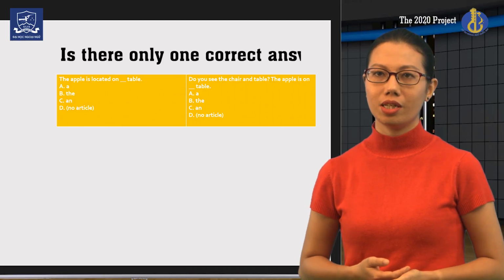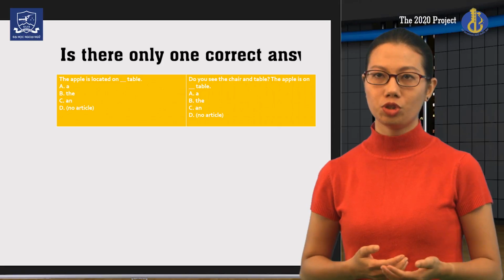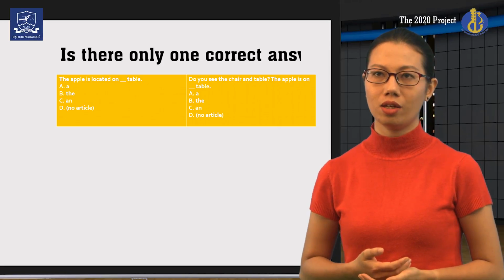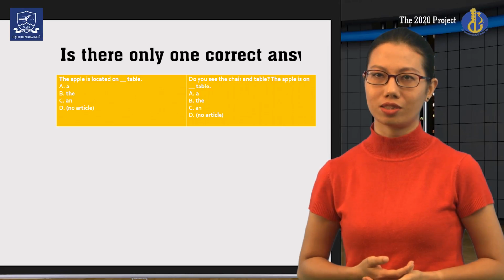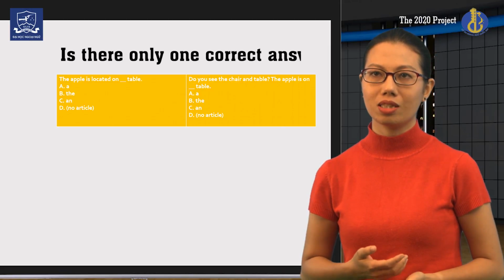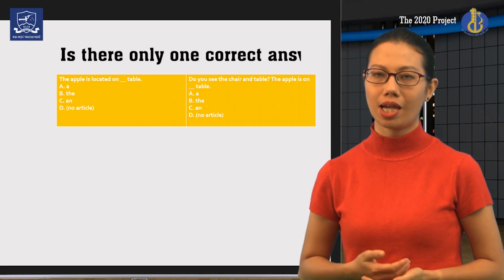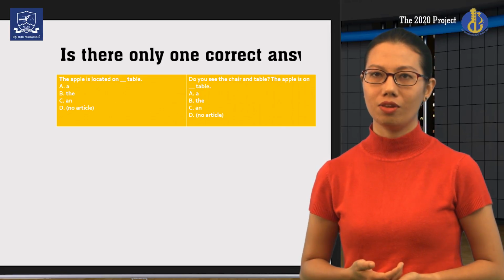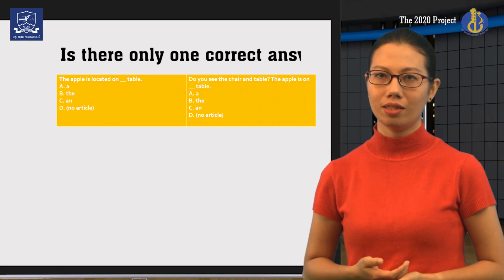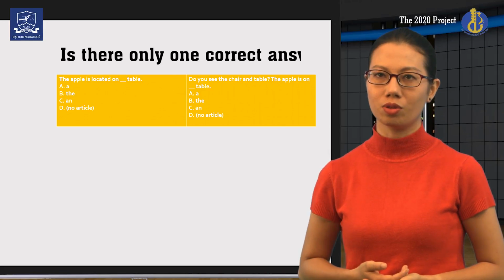For instance, in the following item there are two possible answers, A or C, depending on how the reader sees the context. The apple is located on ___ table. A. a, B. the, C. an, D. no article.